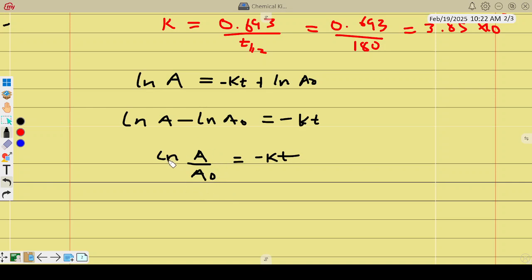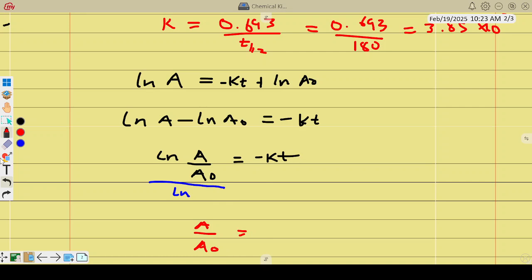So let's get rid of the ln. How do you get rid of the ln? You divide by the same ln. I like explaining it like this; I don't know the other mathematical way. When this cancels, we remain with A over A naught equal to, so here we're not putting ln.